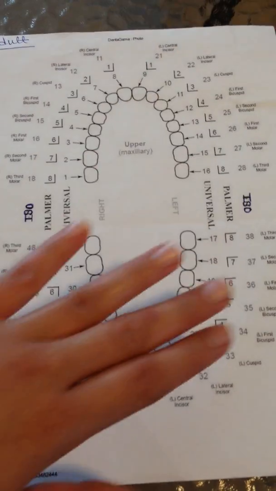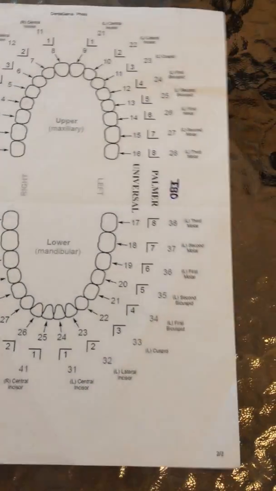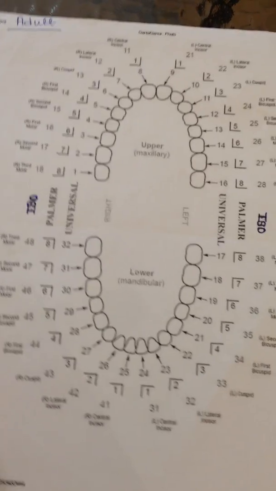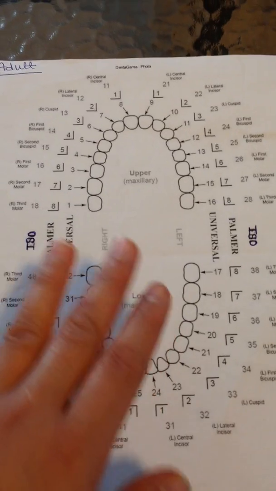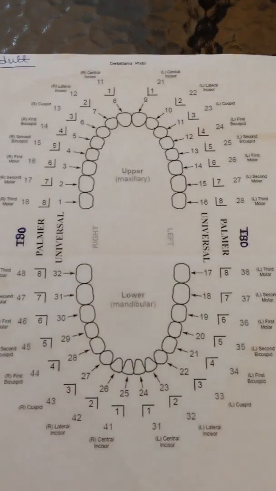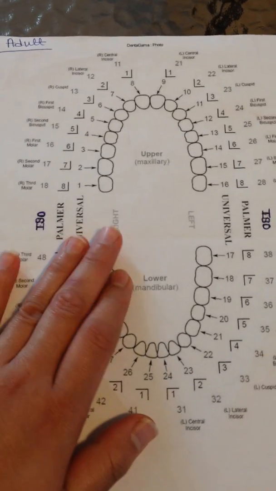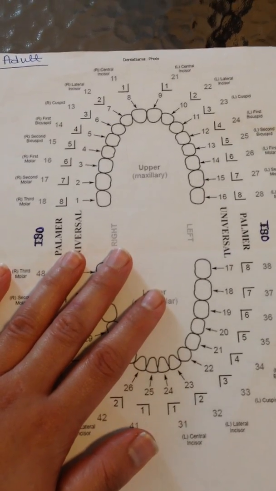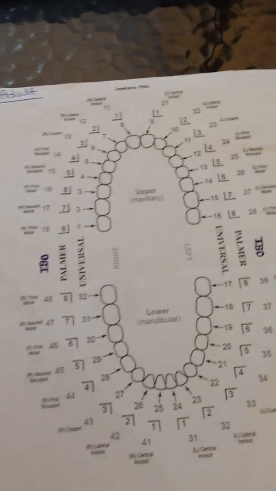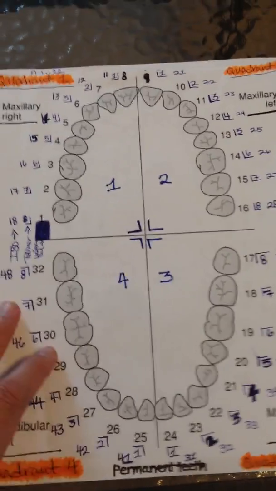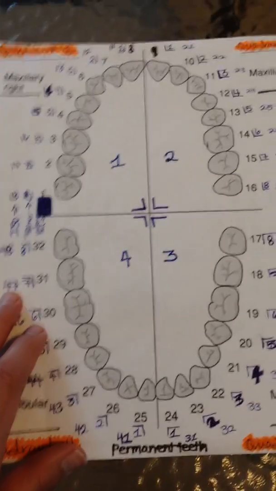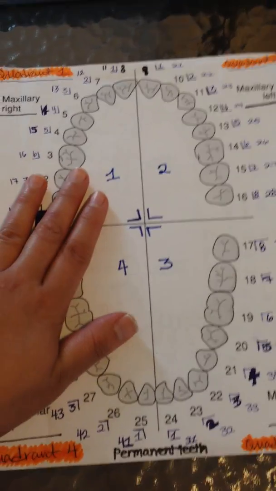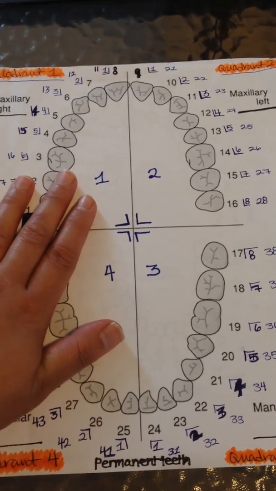Before we talk about these numbers, let's go ahead and talk about the sides. We have to divide the teeth into 4 sides. Okay, here's an example. Your mouth has 4 sides.